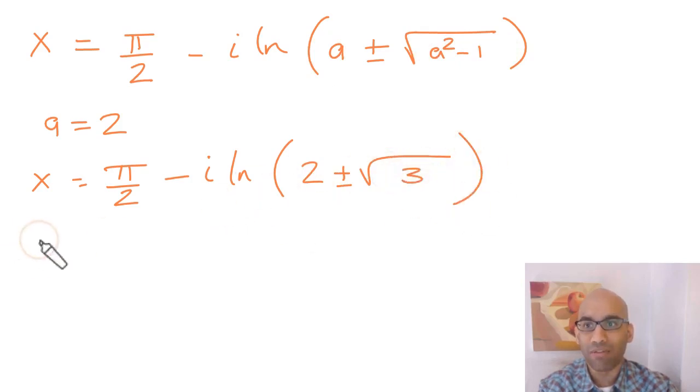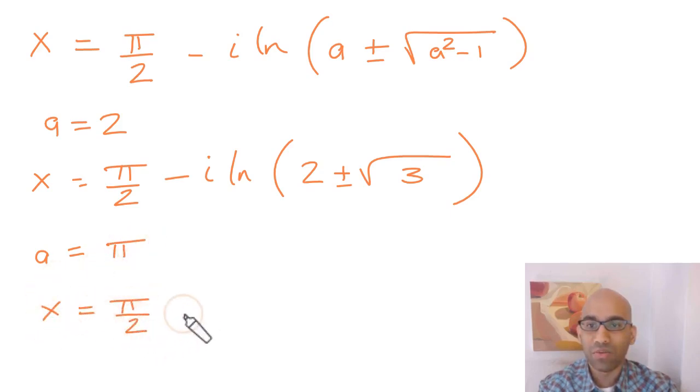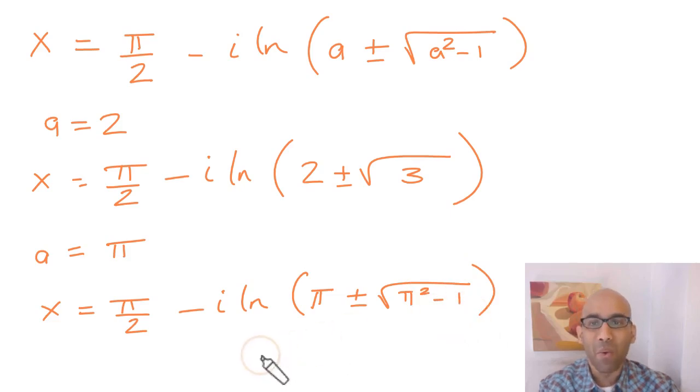That's the answer we got. If a were equal to pi, for instance, then your answer would be x is equal to pi divided by 2 minus i times log of pi plus minus square root of pi squared minus 1.